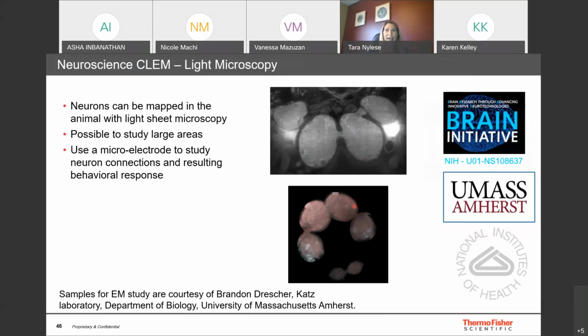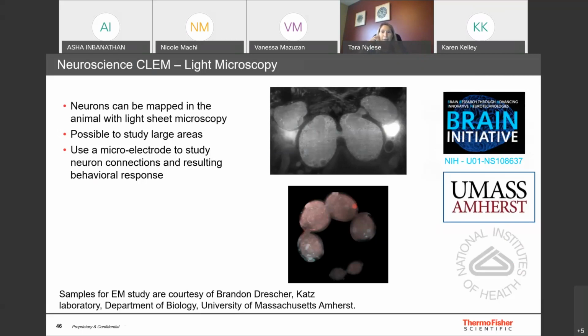And so in this work here, they're looking at correlative light and electron microscopy to understand various levels between animal organism level through to the cellular and subcellular level. And most interestingly, they're even using light sheet microscopy to incorporate that behavioral aspect.